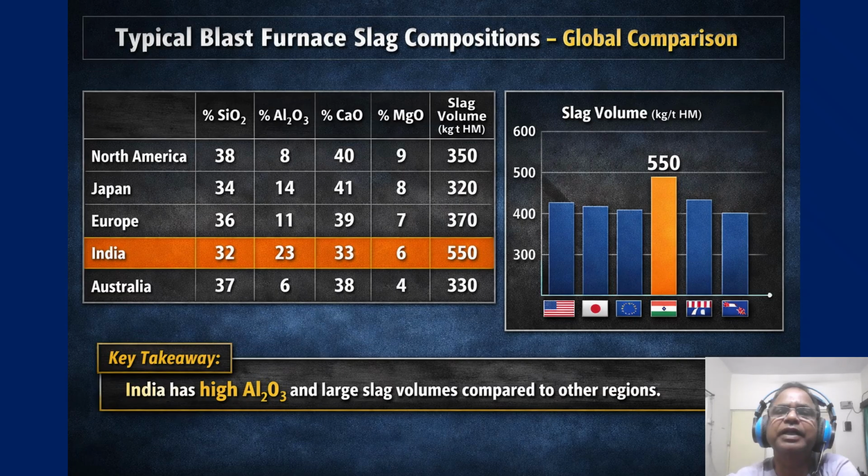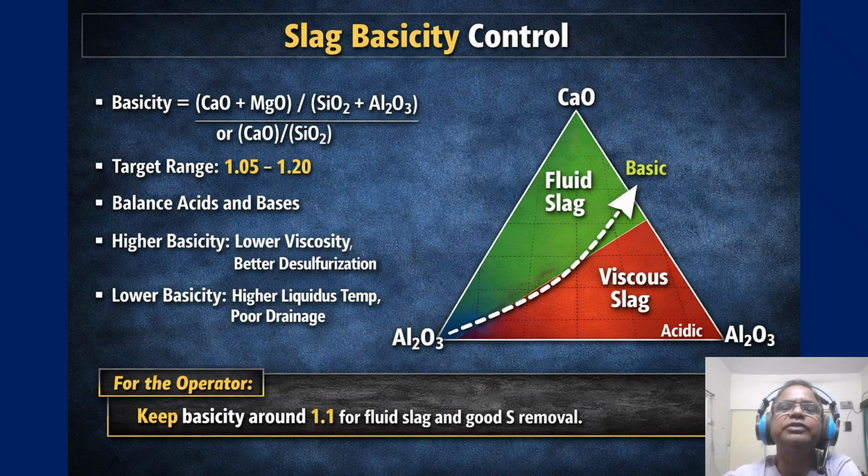Now the question arises: what is the main number we track? It is basicity. How is this basicity to be kept under control? The simplest formula is the ratio of lime to silica. A typical range is 1.05 to 1.2. If basicity is too low, the slag is acidic, doesn't remove sulfur well, and can be too fluid at high temperature.